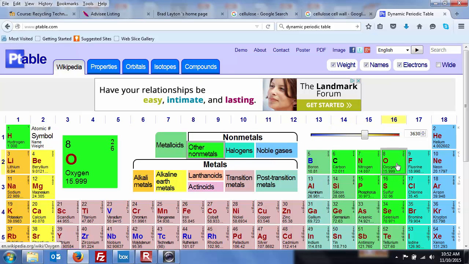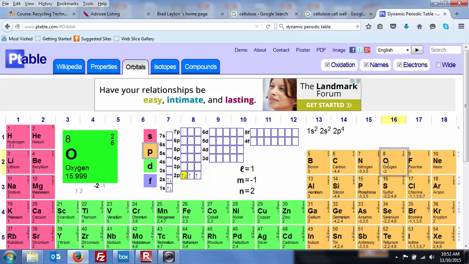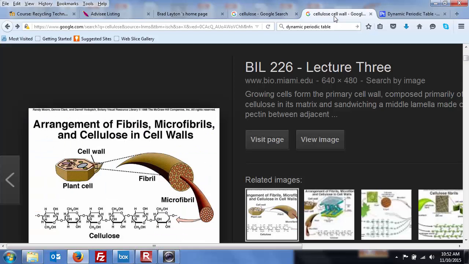So again, if we look at oxygen, I'm going to look at the orbitals, click on oxygen right here, and you can see right in the middle of the screen there are 2 empty electron shells in that 2p orbital. It's exactly those 2 empty shells that allow that little oxygen to bond to sugars. And in this case, these are glucose monomers.